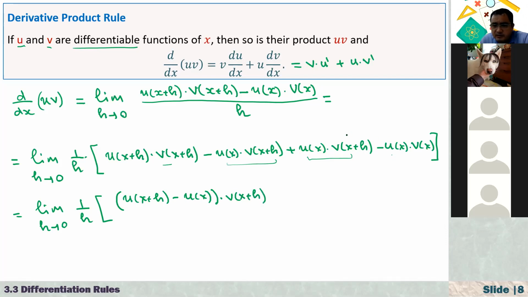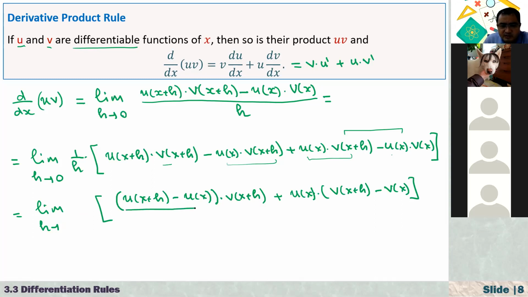For the second part, u of x is a common factor, so I take it out: plus u of x times v of x plus h minus v of x. I can write the 1 over h as a common denominator.